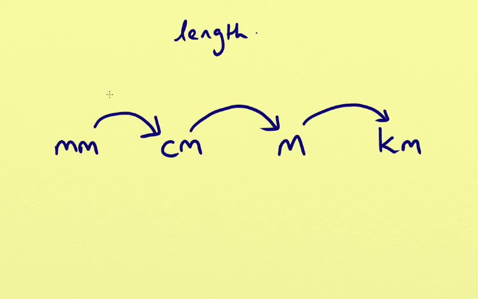I'm just going to draw some units on here as well. If we were converting from millimetres to centimetres, we would divide that number by 10. From centimetres to metres, we divide that number by 100.